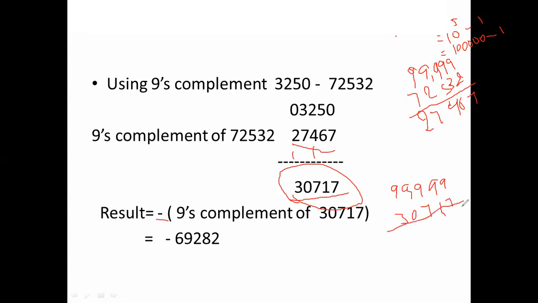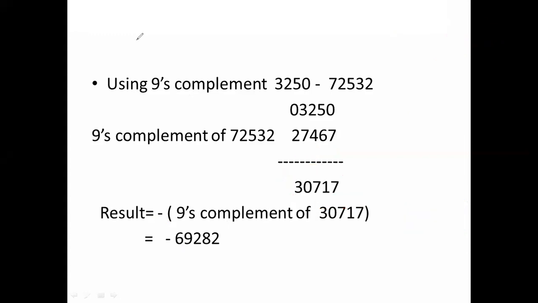So 9 minus 7 means that is 2. 9 minus 1, 8. 9 minus 7, 2. 9 minus 0, 9. 9 minus 3, 6. Okay, ma? So minus 69,282. Okay, are you getting the result here? In this way, we are calculating the subtraction result by using the nines complement method.